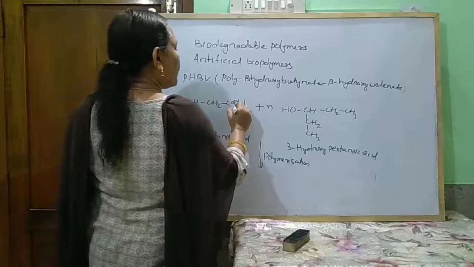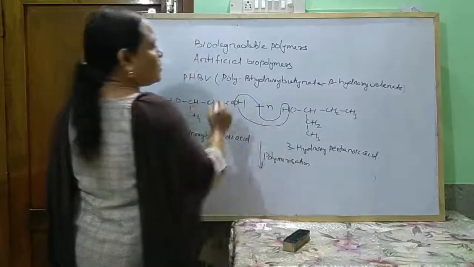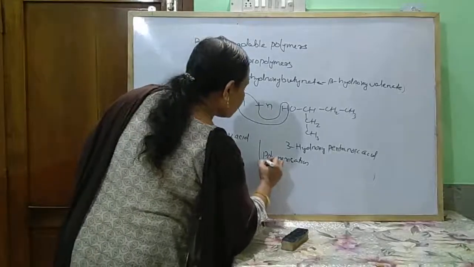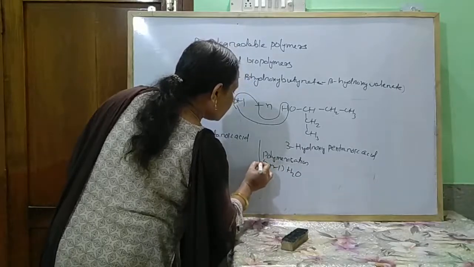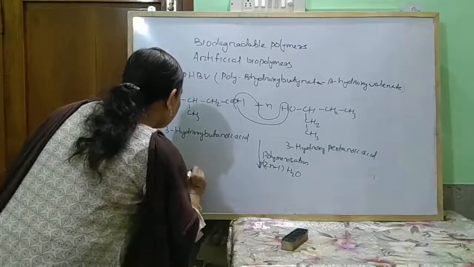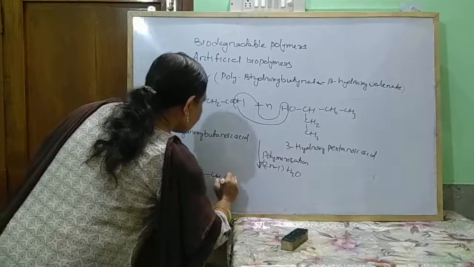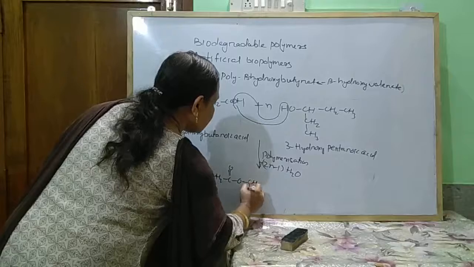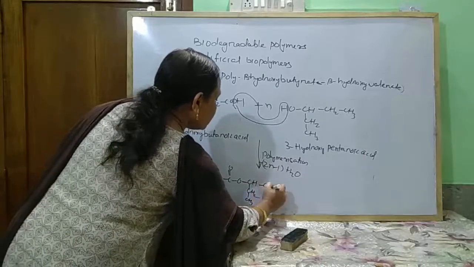Here the OH of the acid and the H of the hydroxy group, that is, 2n-1 number of water molecules are removed to form O, CH, CH3, CH2, COO, CH, CH2, CH3.